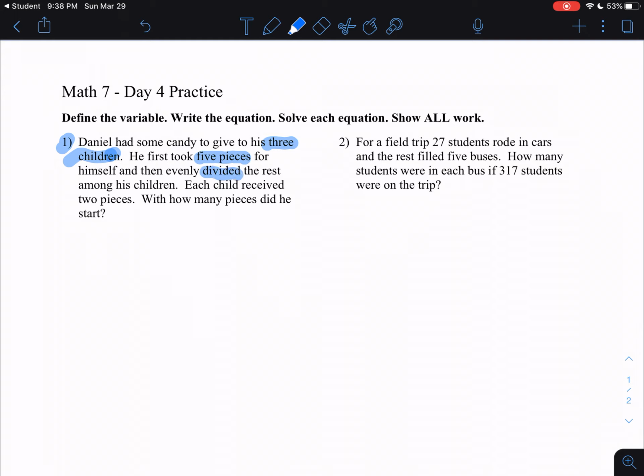Each child received 2 pieces. With how many pieces did he start? So that looks like that's what we don't know, right? Because remember, whatever the question is asking, that's the missing piece. So we can say X equals pieces started with.